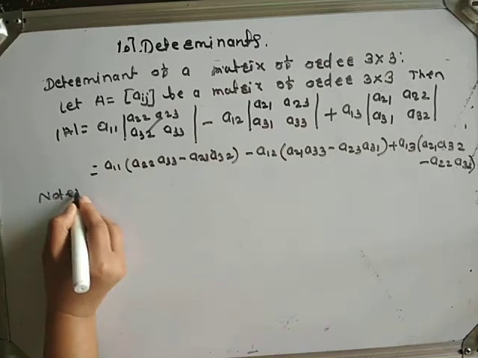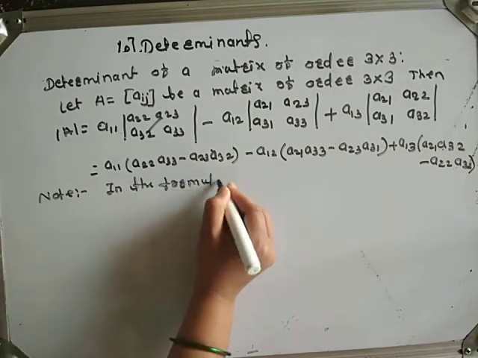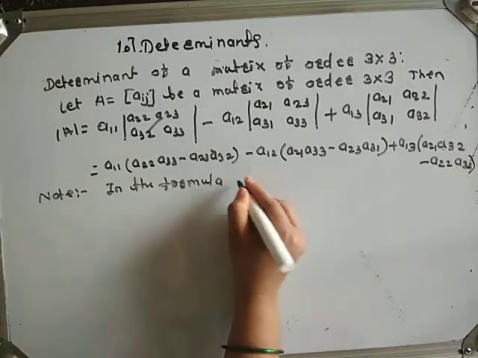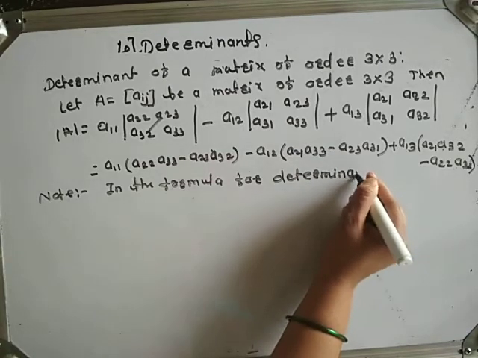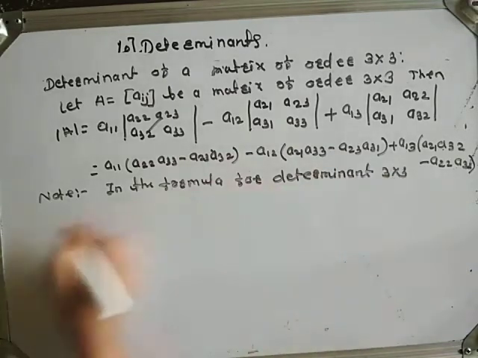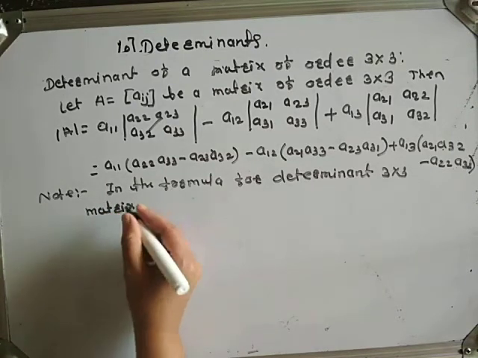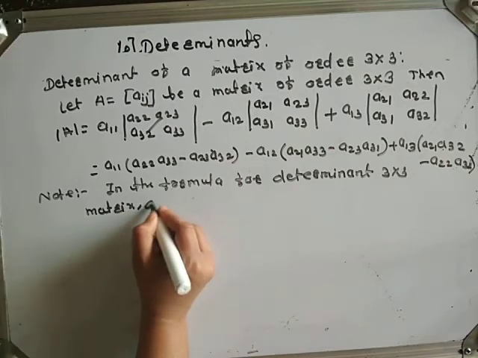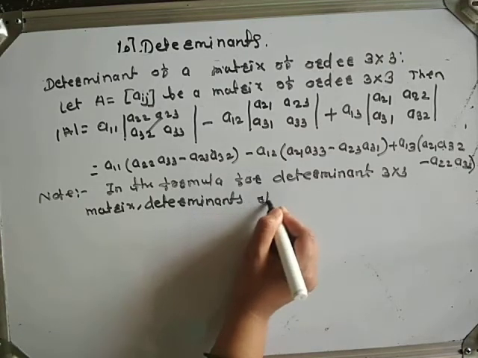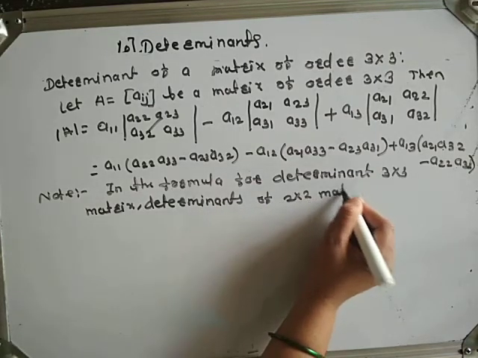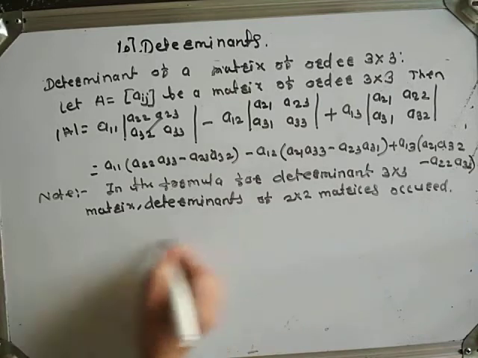Note: in the formula for the determinant of a 3 by 3 matrix, determinants of 2 by 2 matrices occur.